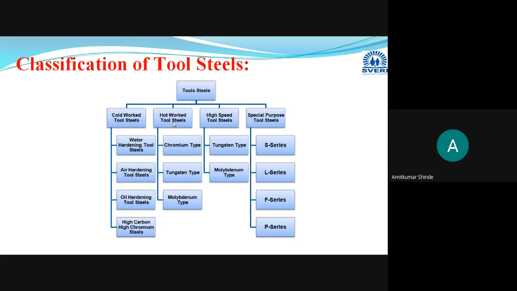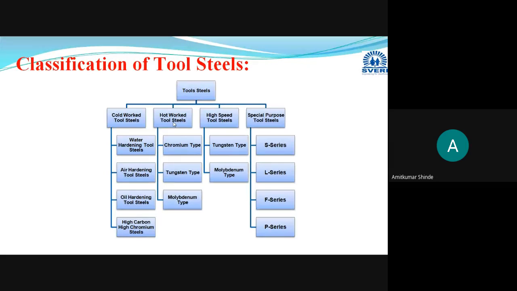The operations which are conducted below the recrystallization temperature of that particular metal or alloy will be termed as cold working operations. And the operations which are performed above the recrystallization temperature but below the melting point of that particular metal will be termed as hot working operations, or simply hot working.